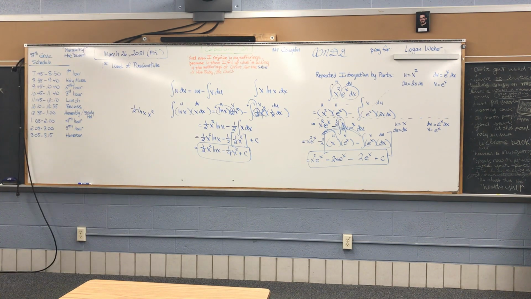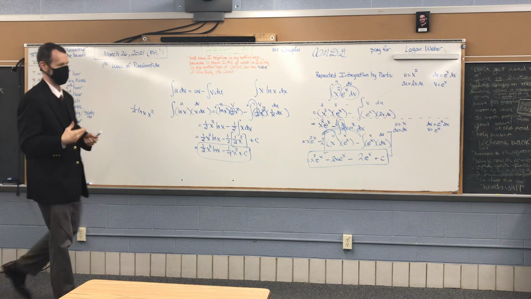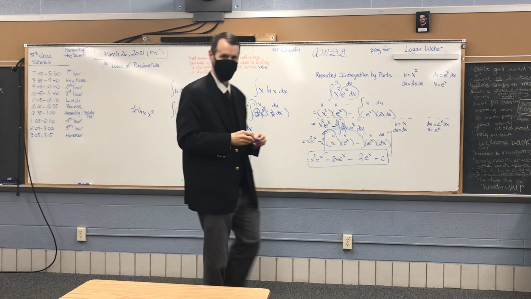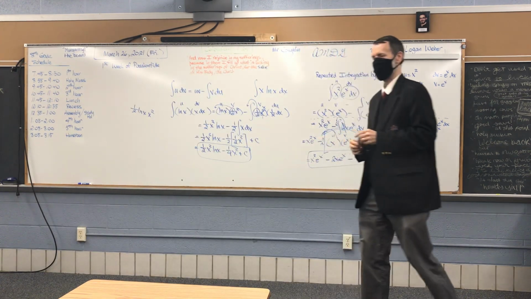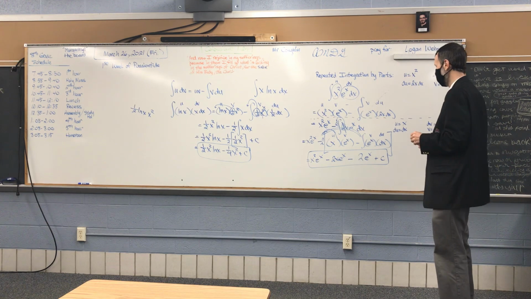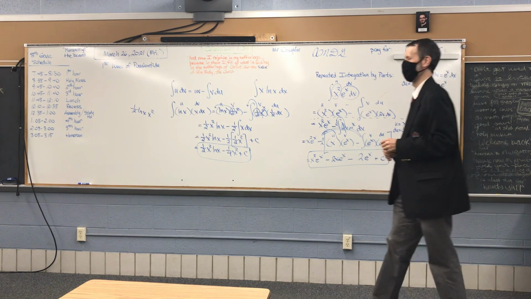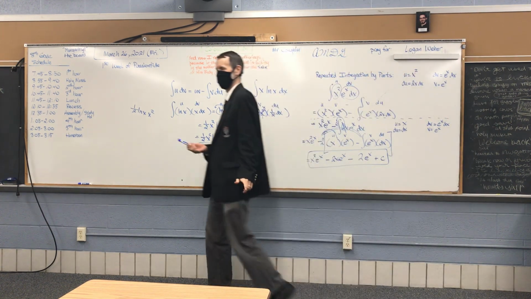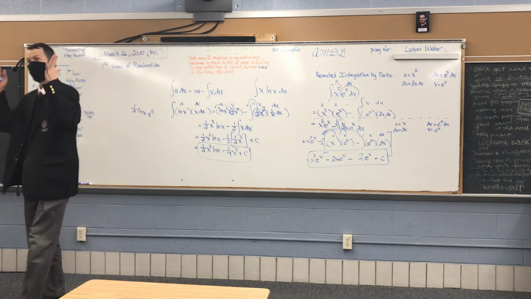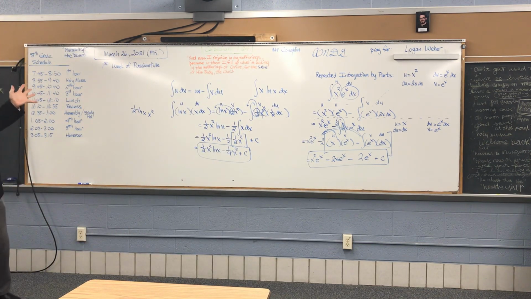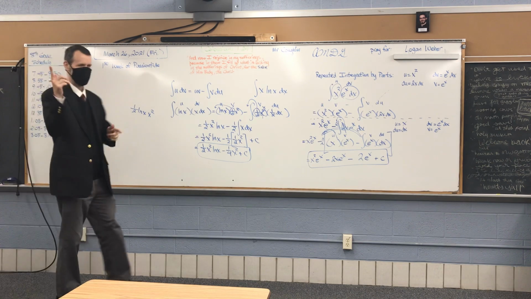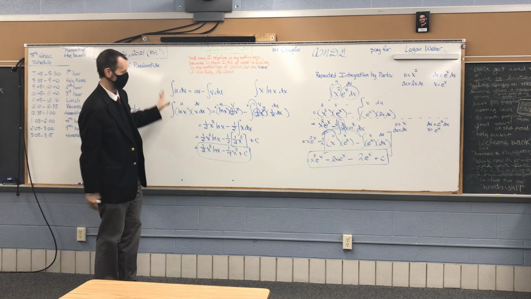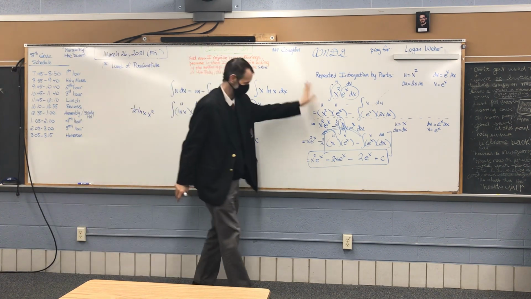I have encountered problems where you have to do integration by parts like 4 or 5 times in a row. The bigger the exponent, the more times you have to do it. There is a trick to it. If you have 4, 5, 6, or God forbid 10 times in a row, it's something called the table method, where you can just stop and predict.